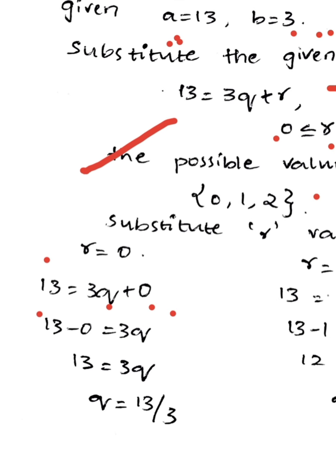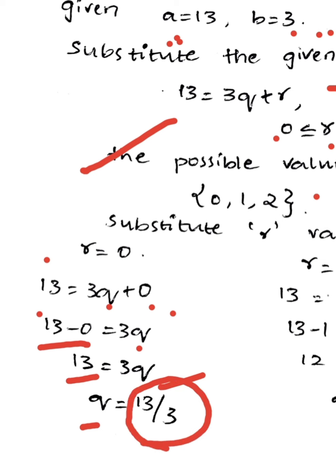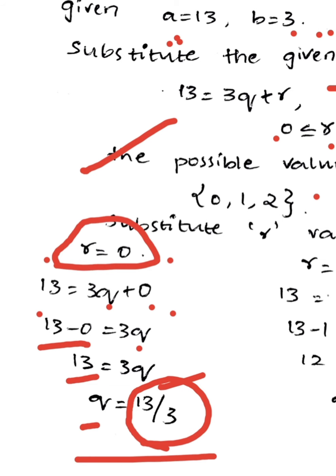Plus 0, here comes minus 0. So 13 minus 0 equal to 3q. Now 13 minus 0 is 13 equal to 3q. Now what is the value of q? Multiplied by 3, when it comes to the other side it becomes divided by 3. So 13 by 3 is the answer for r equal to 0. For r equal to 0, q value is 13 by 3.